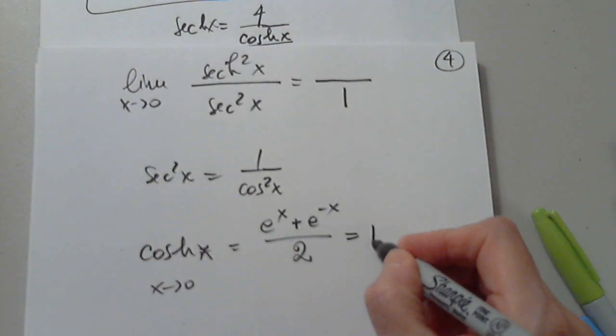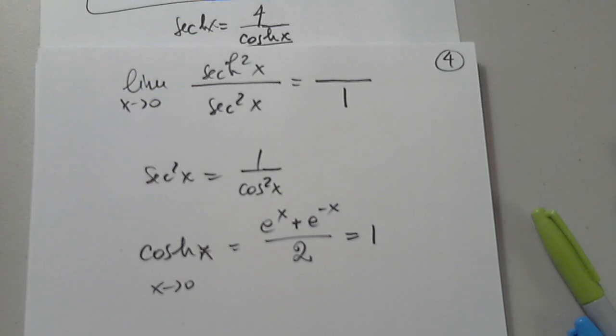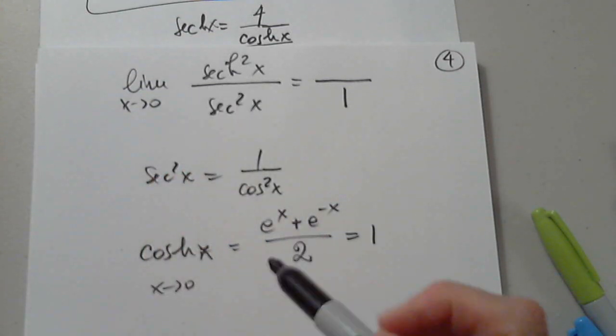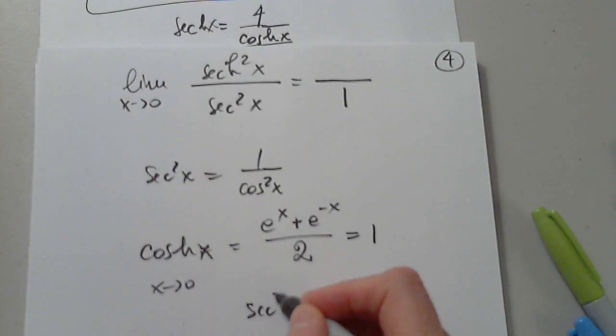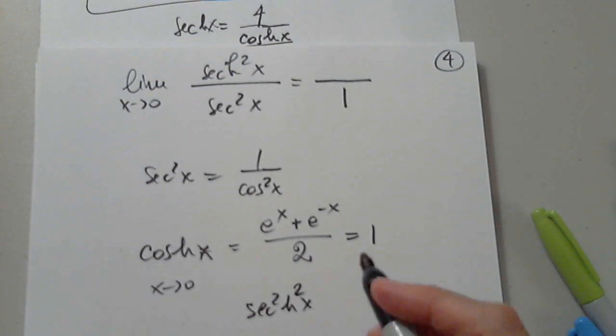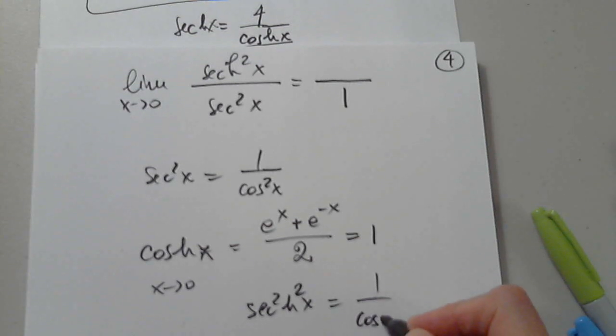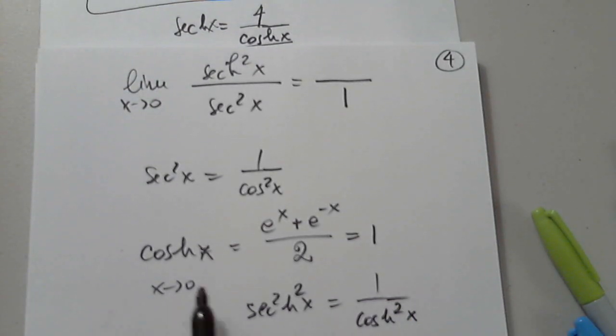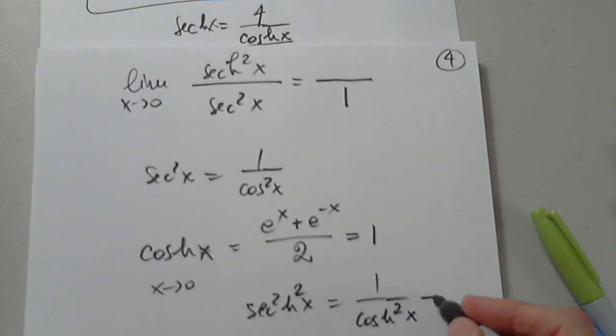So this is 1. Now hyperbolic secant squared is 1 over hyperbolic cosine squared. But this is 1, so then 1 over 1 would be 1.